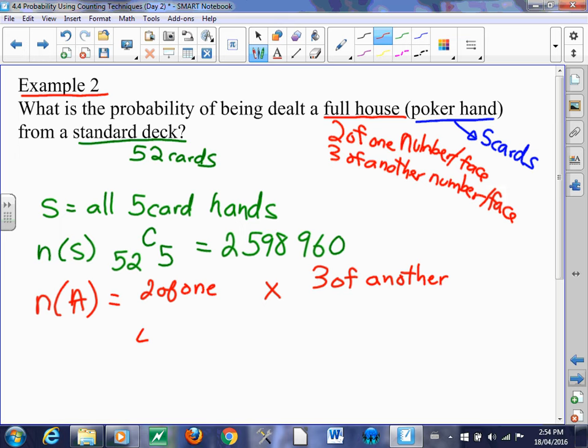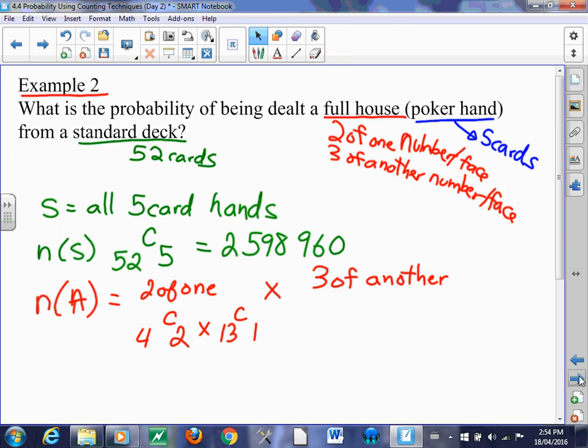Well, there's 4. So we're going to take 4 and we're going to choose 2 of them. But we also have to take 1 card that's different. Sorry, I apologize. There's 13 other cards from a different suit and we're choosing 1 card. I apologize. I said that wrong.